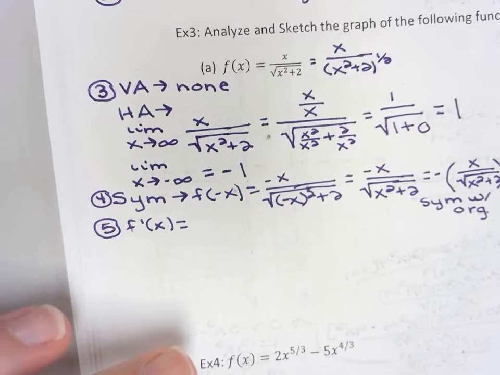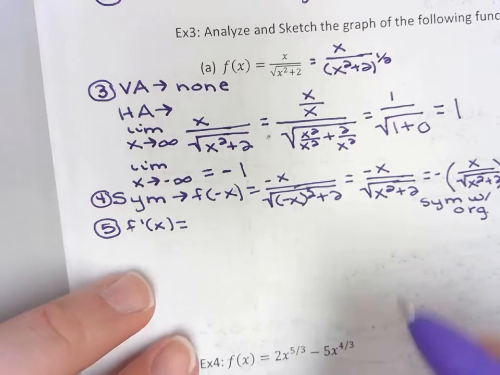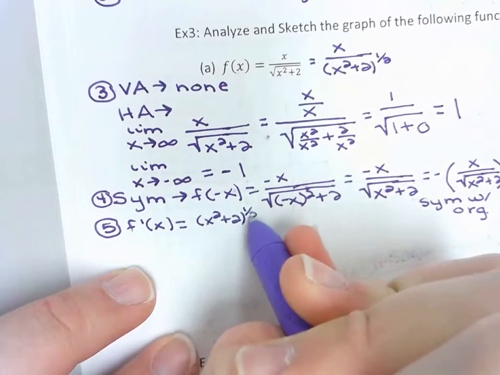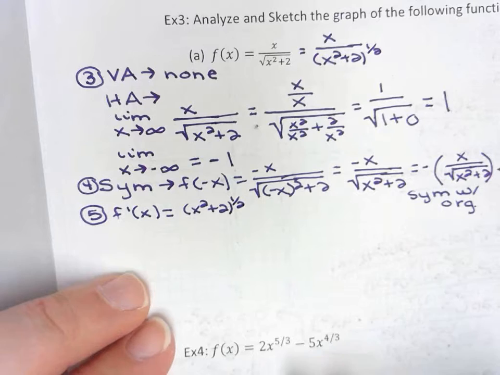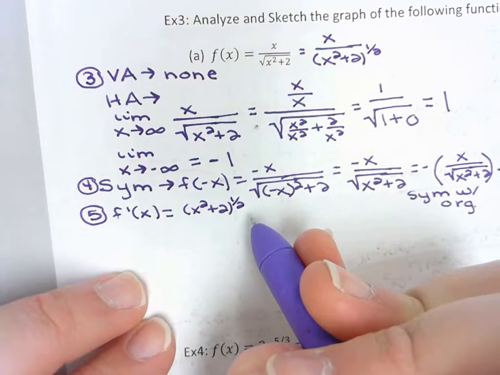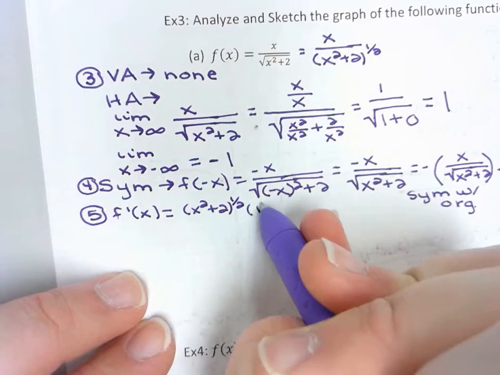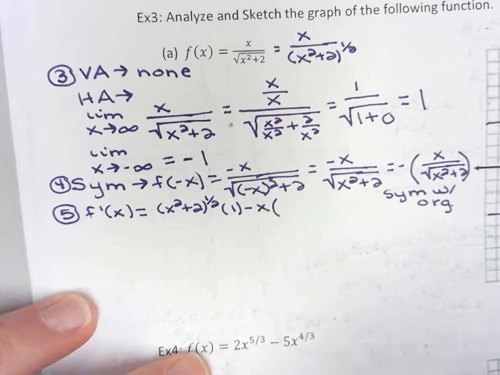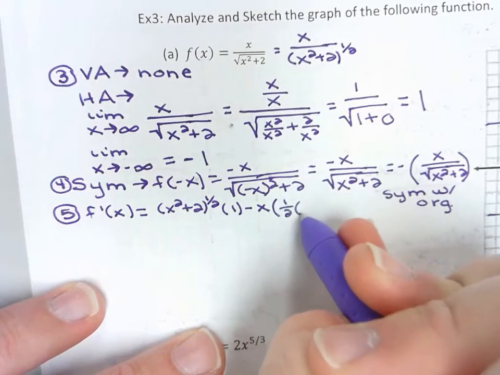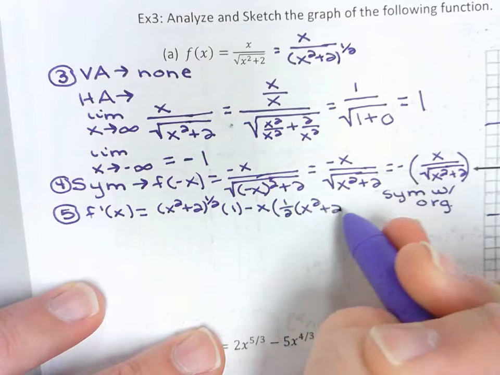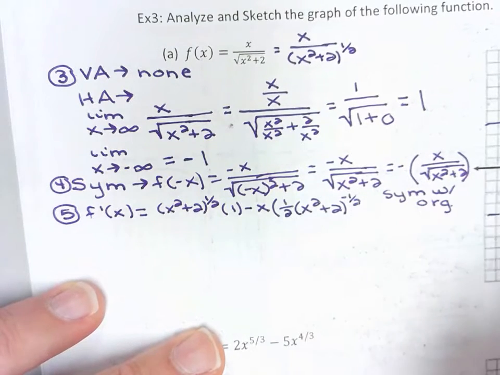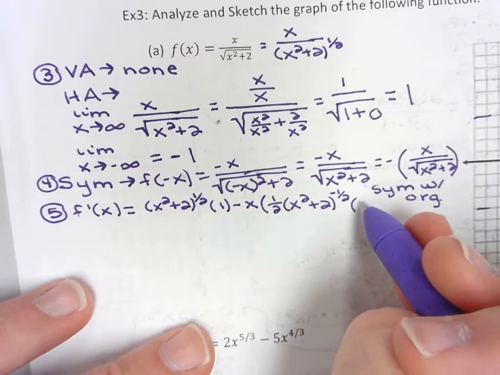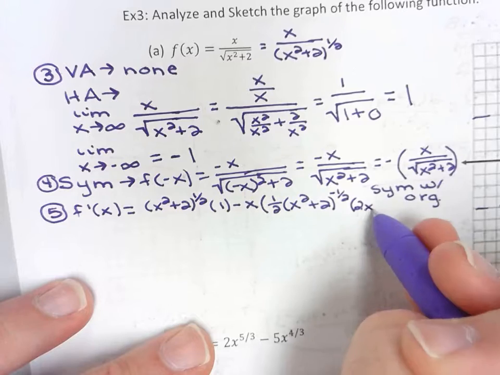So low, x squared plus 2 to the 1/2. D high, which is 1, minus high, which is x, d low, which is going to be the chain rule, 1/2 (x squared plus 2) to the minus 1/2 as my exponent, because I subtract 1, times the derivative of the inside, which is what? 2x.